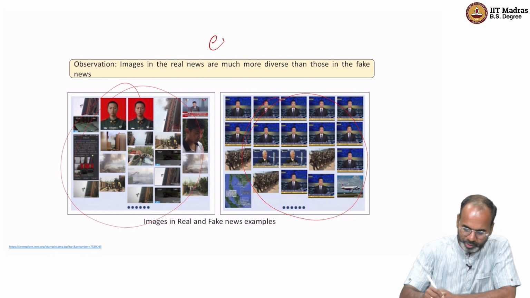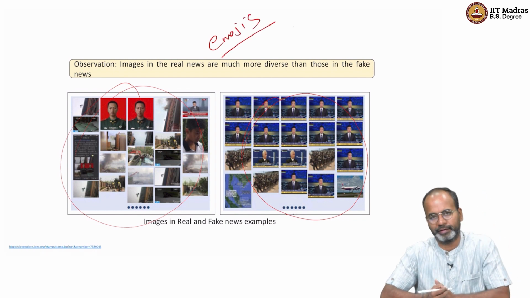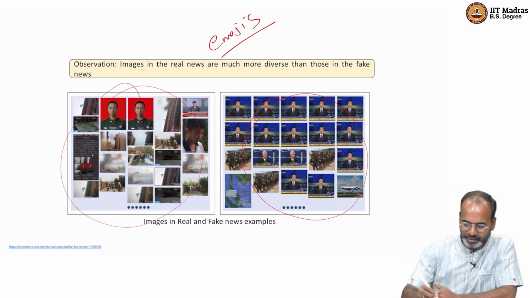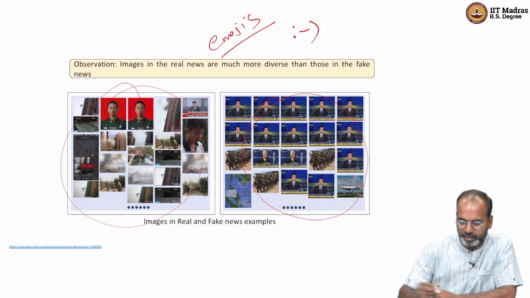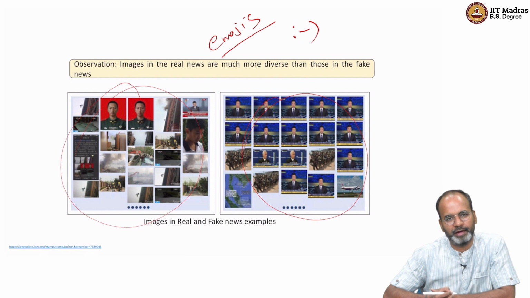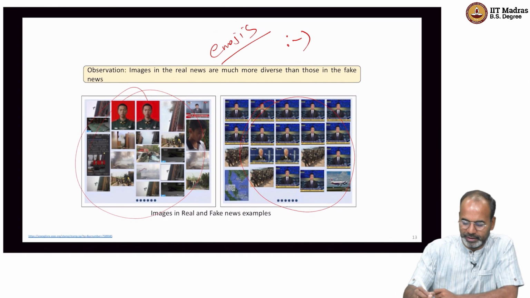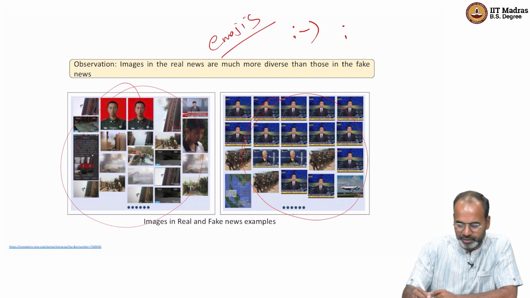I talked about emojis, and if you think about it, emojis are also a great feature, right? At least we have used it in the past, which is that very rarely is fake content going to have a smiley. Very rarely is fake content going to have emojis of different types, right?